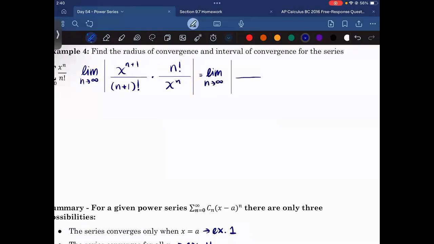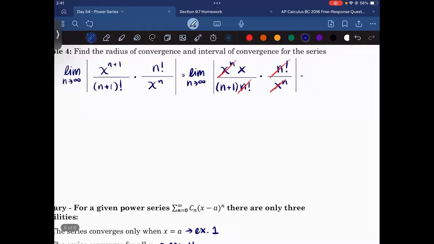Again, I do kind of skip the step of expanding and putting it divided by each other, because I've done a lot of these, so at this point I kind of know what it's going to look like. You are more than welcome to write it out. So I just simplified it again, very easy: the absolute value of x over n plus 1.